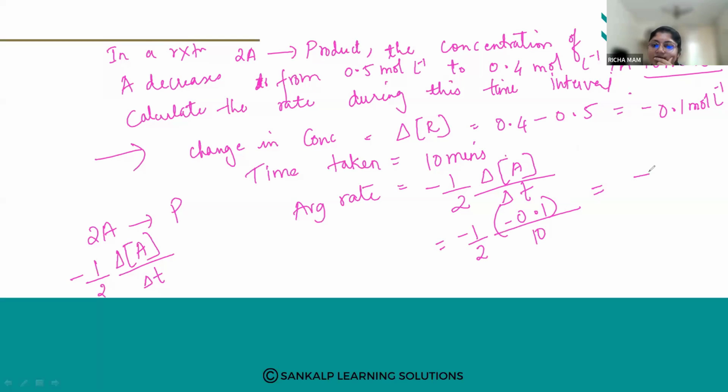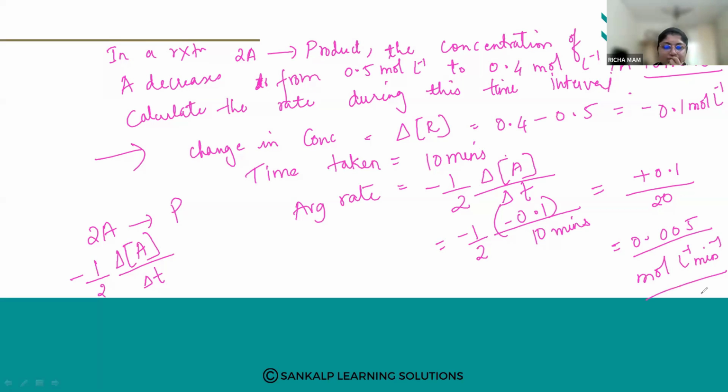Minus of minus will be plus, 0.1 divided by 20. See how much I'm getting: 0.005 mole per liter per minute, because the time is in minutes, so it becomes per minute. So the answer is 0.005 mole per liter per minute.